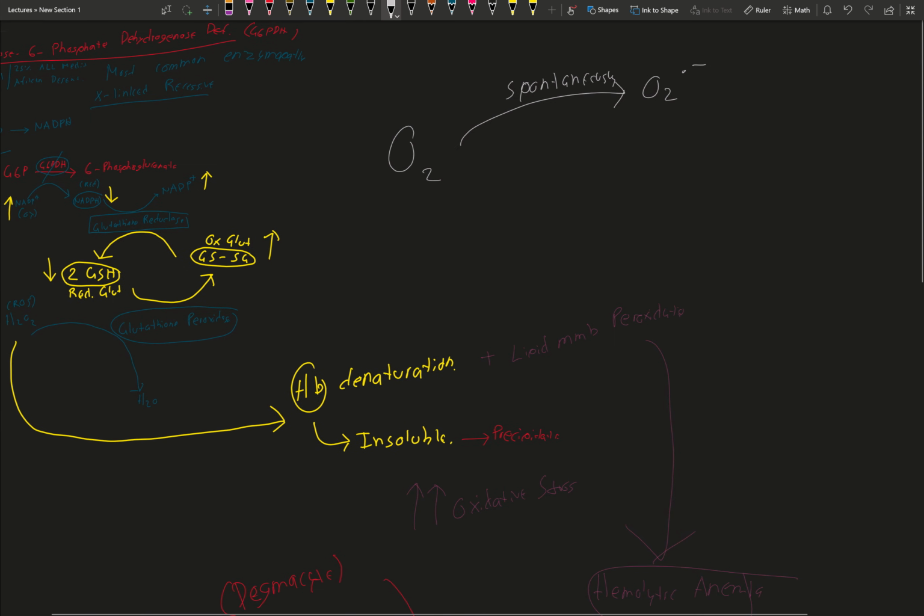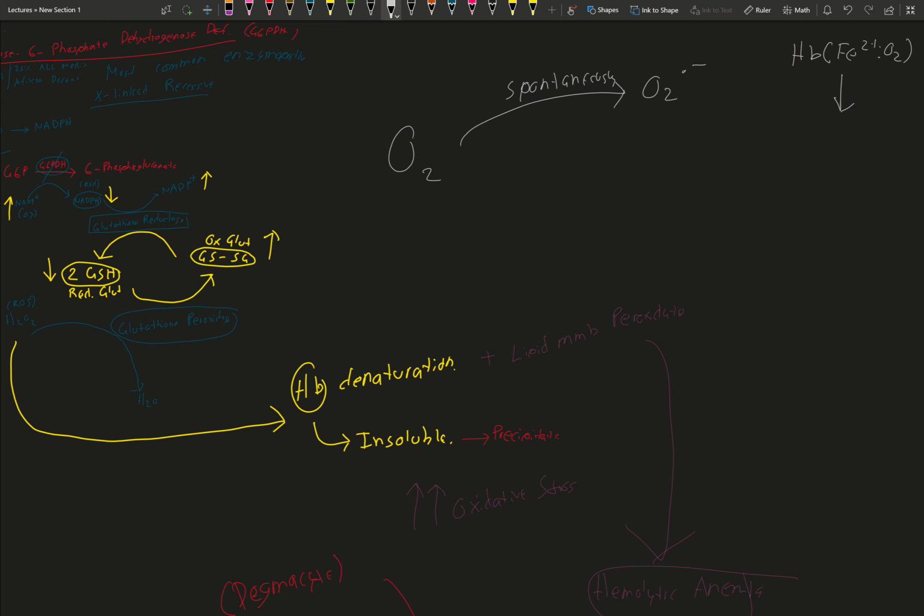Another way we can have formation of the superoxide anion is within hemoglobin. Hemoglobin contains iron, which actually binds the oxygen. The issue is with this iron: when it's in the 2+ state, it can normally bind oxygen.